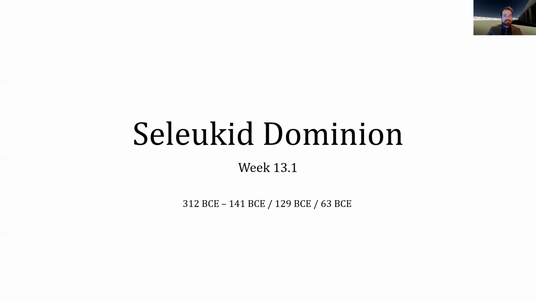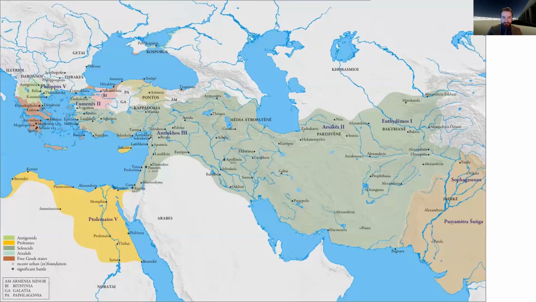One could even say 63 BCE, when the Seleukid state in Syria was subsumed by the Roman Empire. It really depends on who you ask. Generally, I use around 141 BCE to denote the end of the Seleucids, mainly because a majority of their area was then taken over by the Parthians.